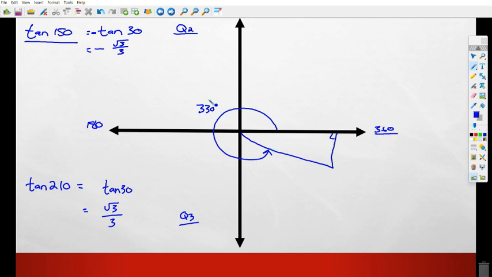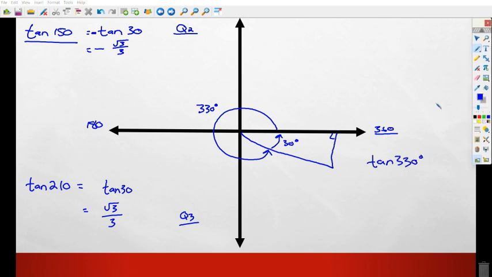So how far is 330 degrees from my 360 degrees over here? It's 30 degrees. So instead of saying tan of 330, I can say tan of 30 degrees. But where am I? Where is this triangle?